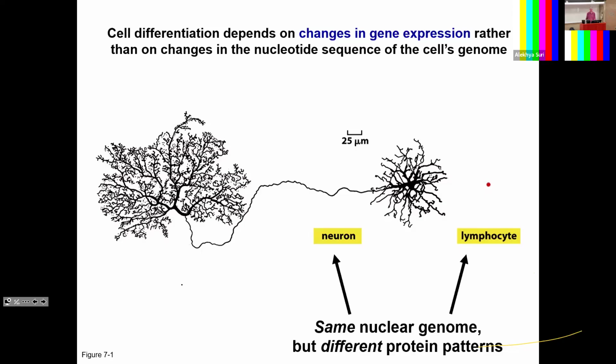That's a lymphocyte. It's the same scale. So you see a very large cell type and a cell type that's quite small. They appear in different ways.